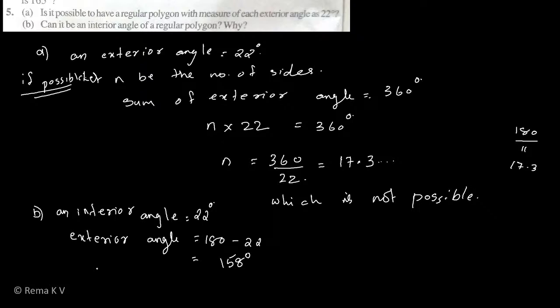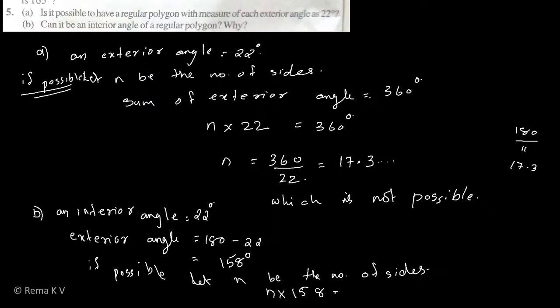Okay. So let n be, if possible, the number of sides. Then n into 158, n angles and each of measure 158 degree, is equal to 360.